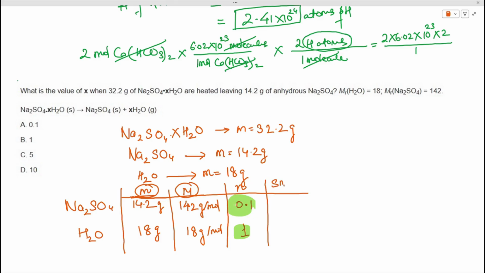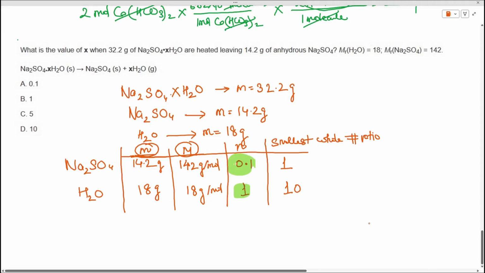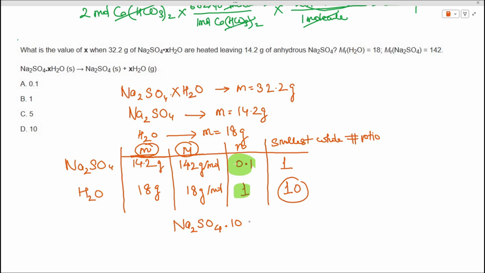So 0.1 divided by itself gives 1 and 1 divided by 0.1 gives 10. So the formula for this hydrate can be written as Na2SO4 with 10 water molecules, Na2SO4·10H2O. So the correct value of X for this question is 10, which is option D.